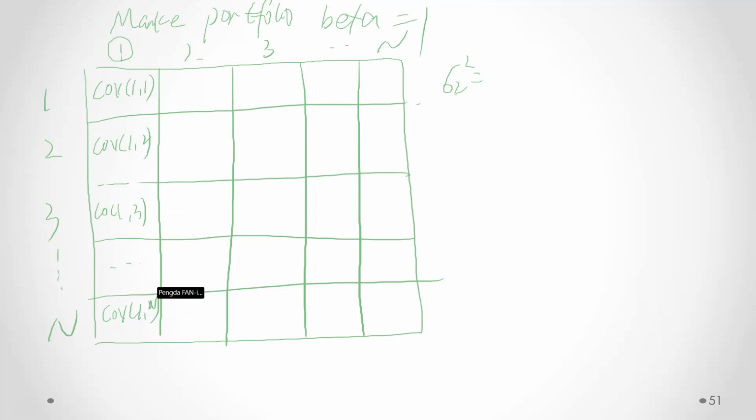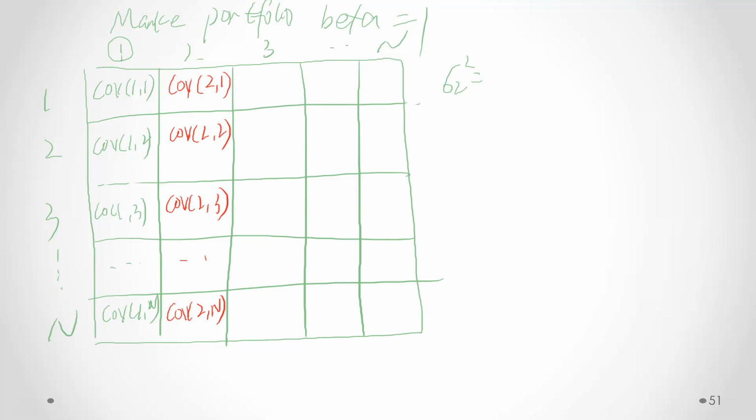Similarly, the second column tells us the covariance between x2 and x1, x2 and x2, x2 and x3, and x2 and xn. So I would like you to consider what each column means.